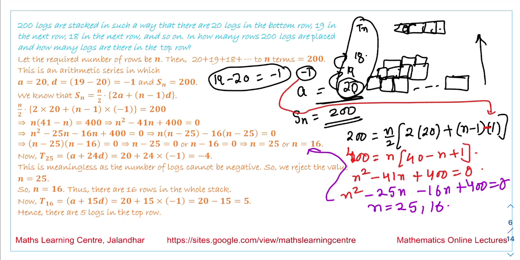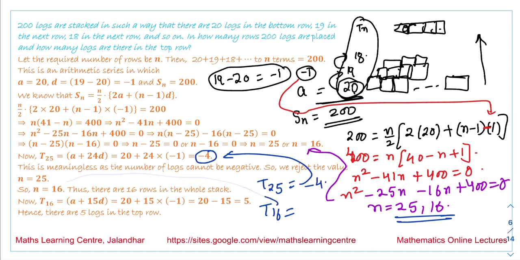We want to calculate the value of t25 and t16. When we calculate the value of t25, we get the answer minus 4. And when we calculate the value of t16, the answer we get is 5.